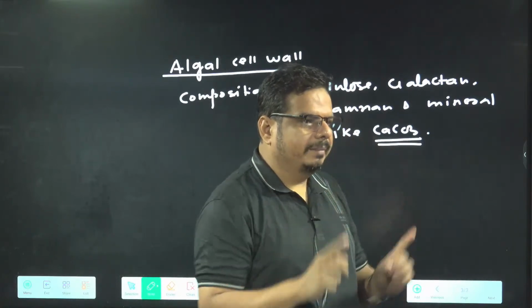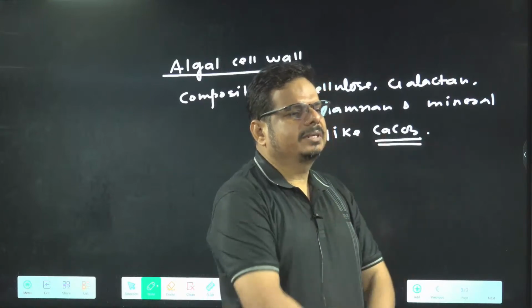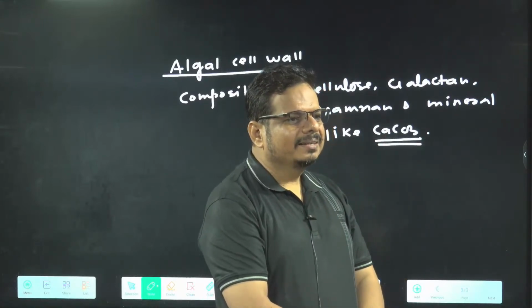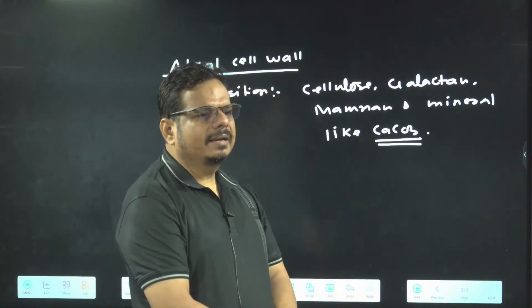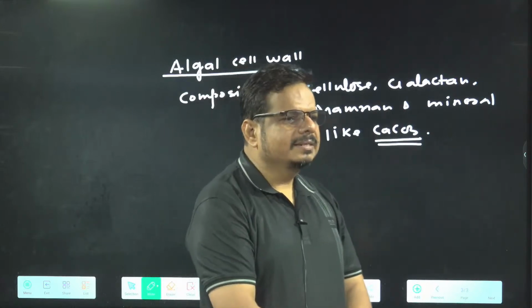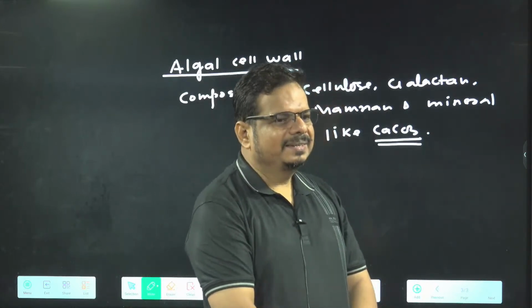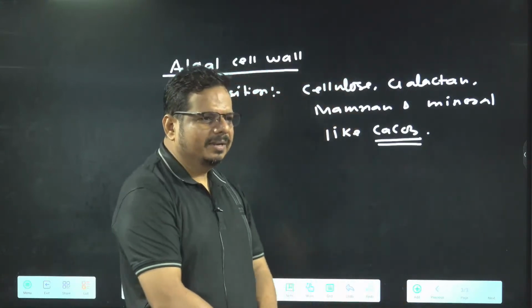It is wrong framing. If something is not written, it doesn't mean it is absent. So what is written in NCERT? Cellulose, galactans, mannans, and minerals like calcium carbonate. Hemicellulose is not mentioned. It doesn't mean it is not present. You got the idea what I want to convey?